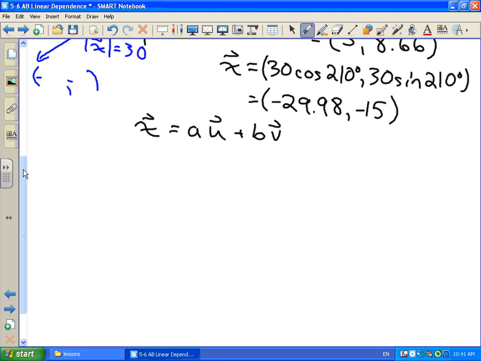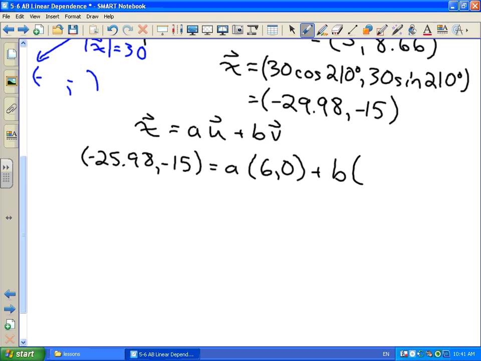So we figured out that x was negative 25.98, negative 15, equals a times u, which we figured out was 6, 0, plus b times vector v here, which was 5, 8.66.